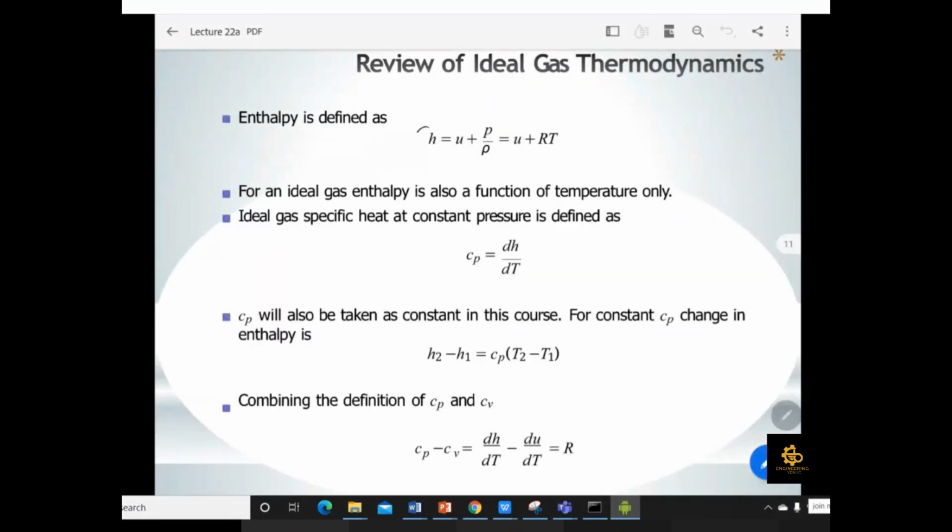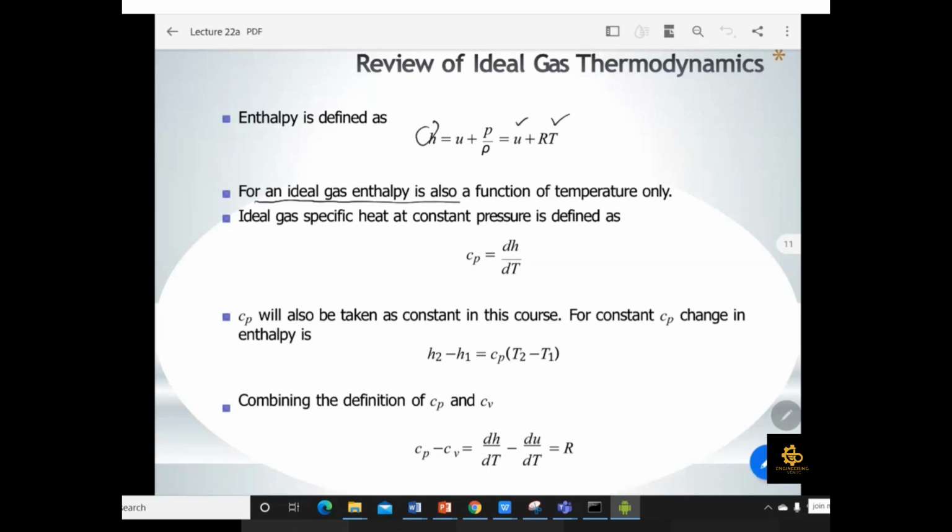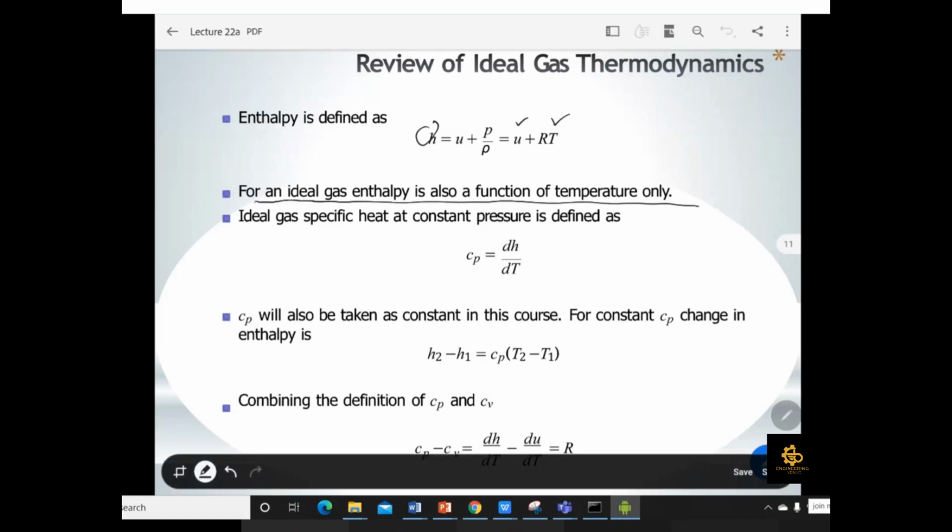Then you already know enthalpy is basically U plus RT, or you can say U plus P over rho. For an ideal gas, enthalpy is also a function of temperature only.